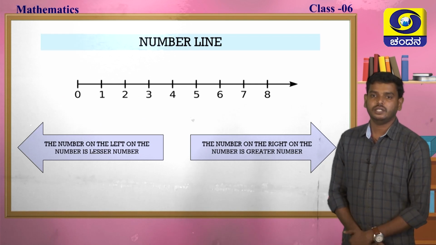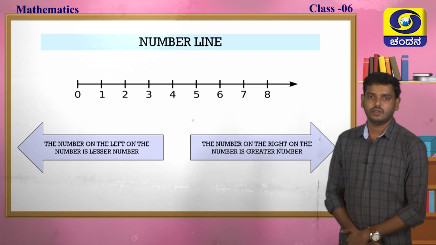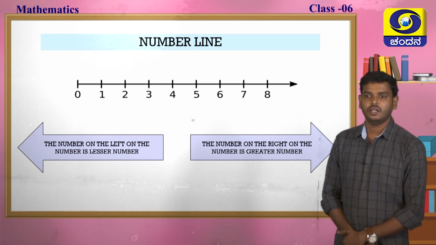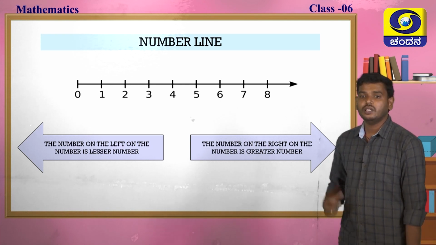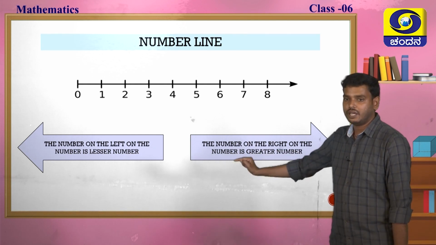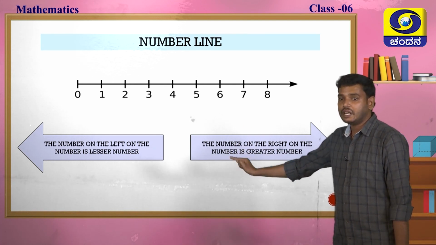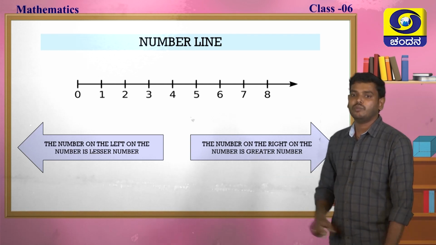Let us learn a few more points on the number line. You already know that the number line starts from 0 and the next numbers are 1, 2, 3 etc. Hence, the number on the right is the greater number. Got it, children? I have shown the arrow mark also.